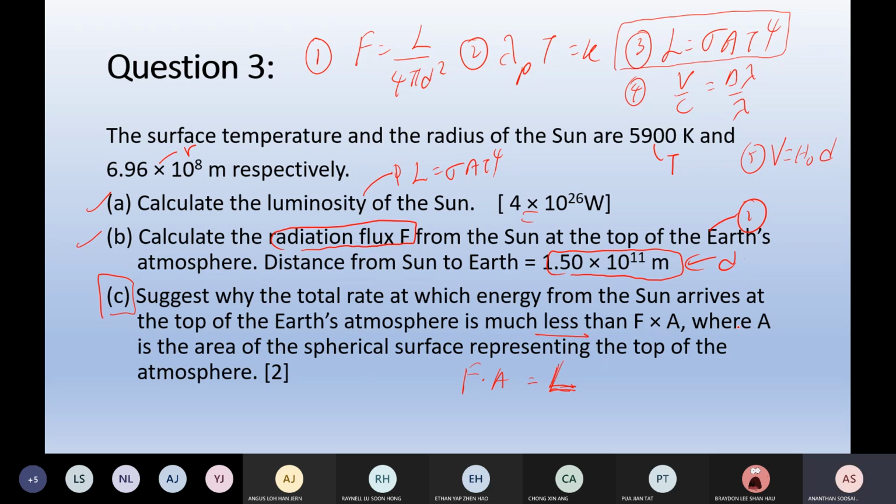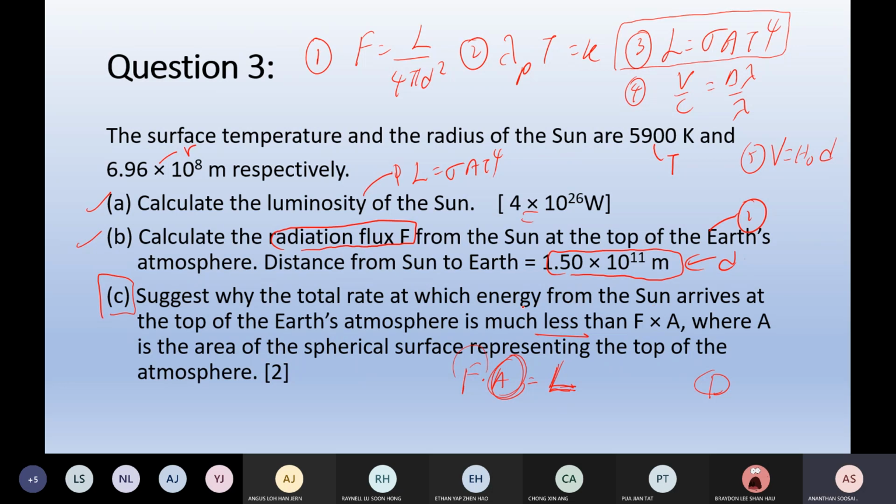The area of the Earth may be because only the half of the Earth is exposed. Or, yeah, we can't say that. Any answers?